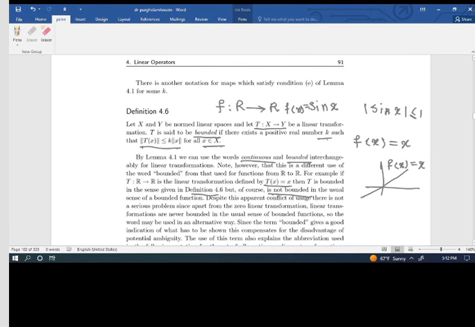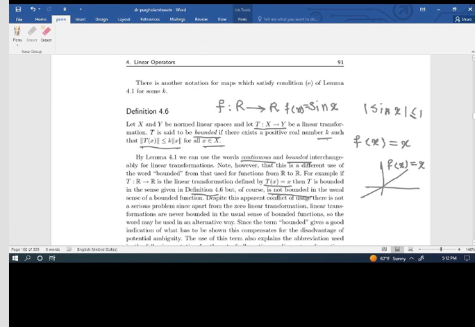But when we say that a linear transformation is bounded, it means that there exists a positive number k such that we have this inequality: the norm of Tx is less than or equal to k times the norm of x for all x.